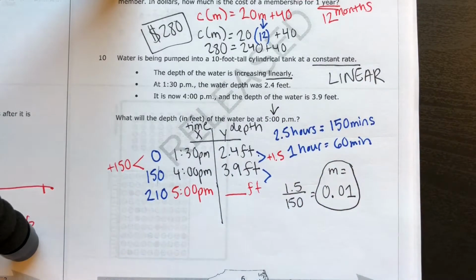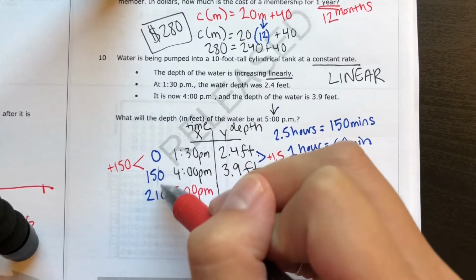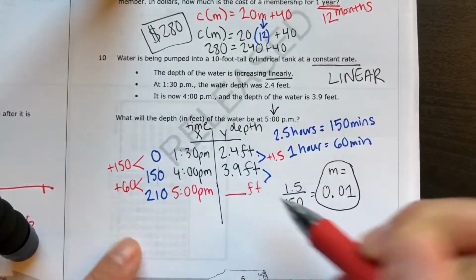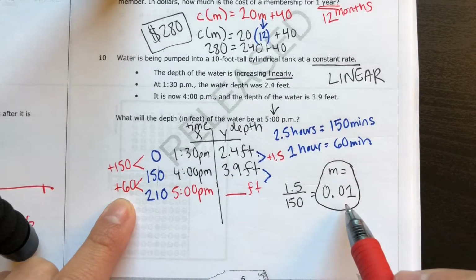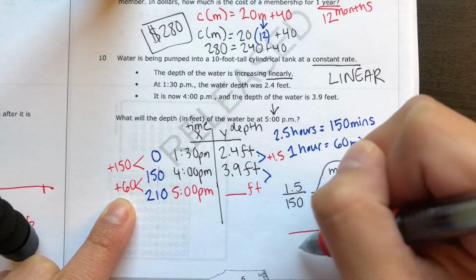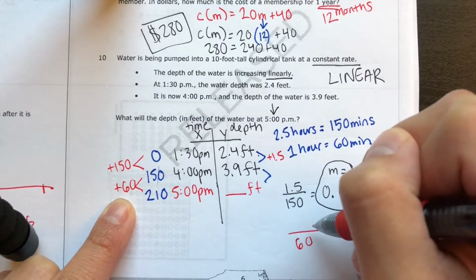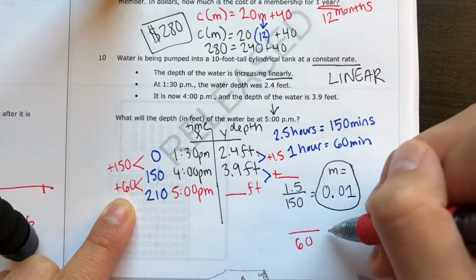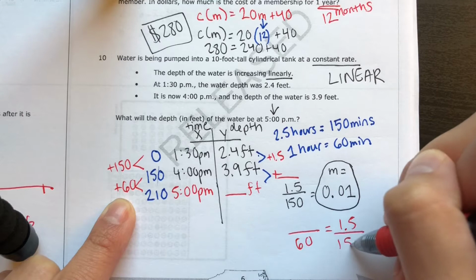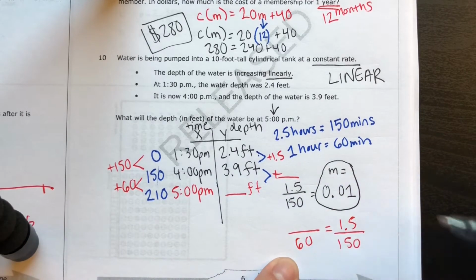Okay, so to go from here on this side, from 150 to 210 is plus 60, and now this has to equal 1%. So I'm looking, if my denominator is 60, what is my rise value? So to get this, I need to figure out how this is going to equal the same slope from before. So in this scenario, I can cross multiply.